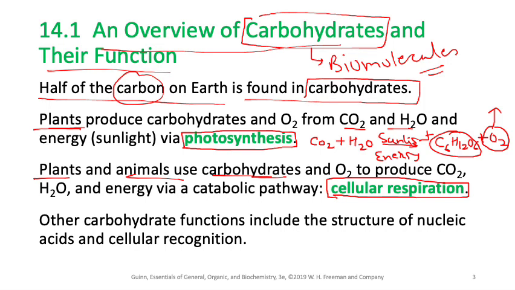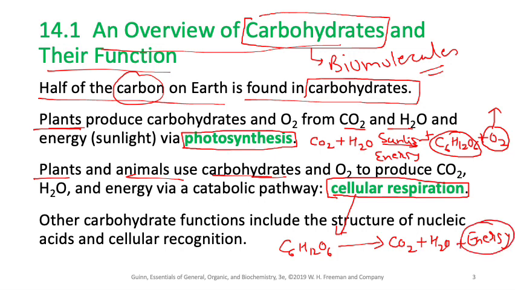So how does this reaction go? This reaction normally goes something like this. You have carbohydrate C6H12O6, you break it down into products, carbon dioxide and H2O, and then you release some energy, and this is the energy that is normally used by the animals or plants to carry out their functions, right?